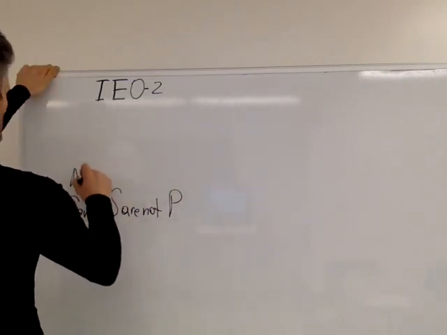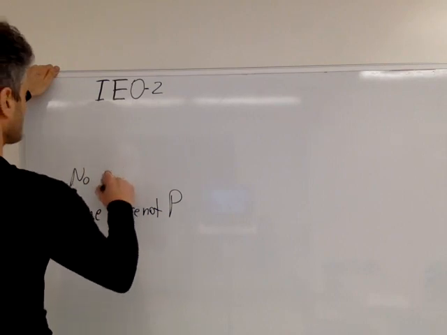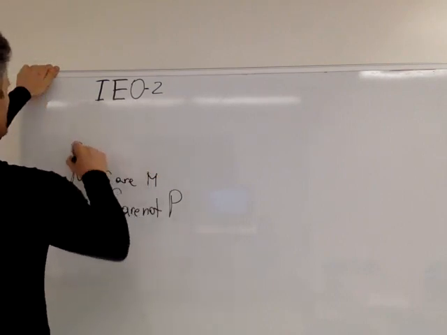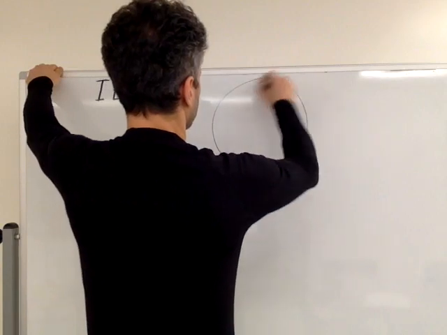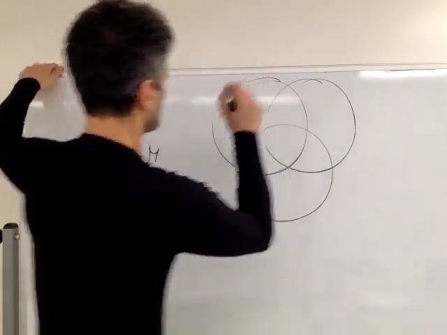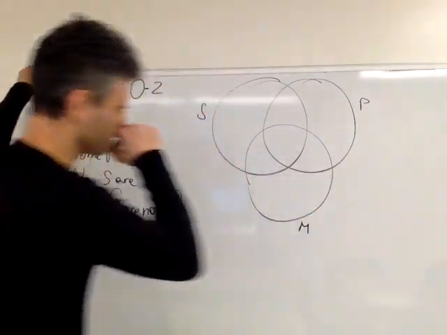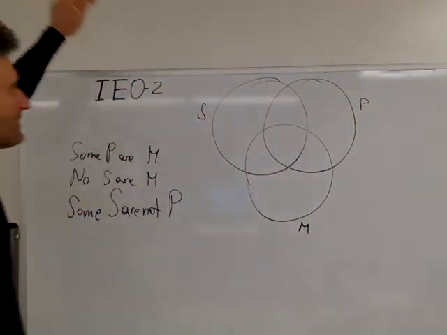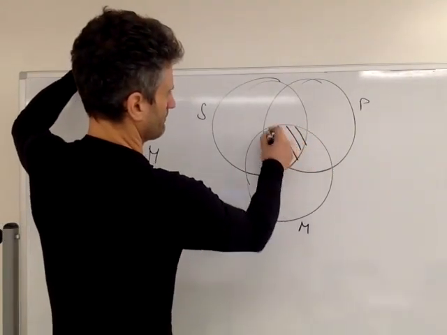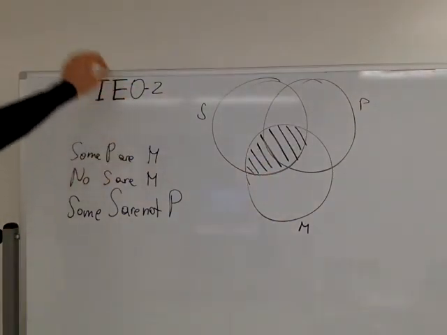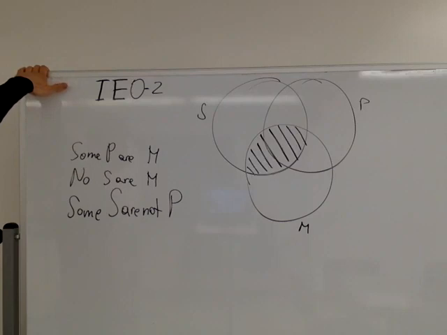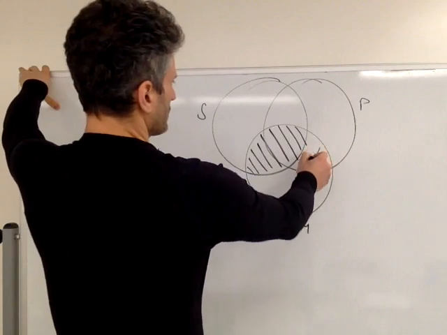P, no S are M, and some P are M. S, P, M. Okay, so no S are M. Some P are M. Same story goes here.